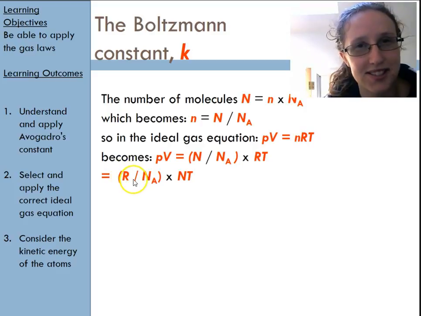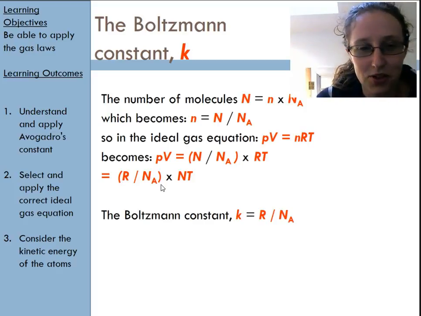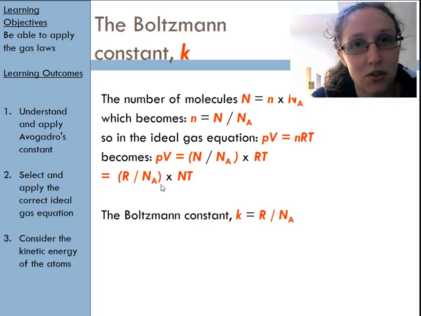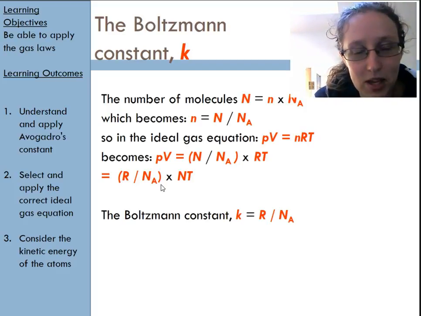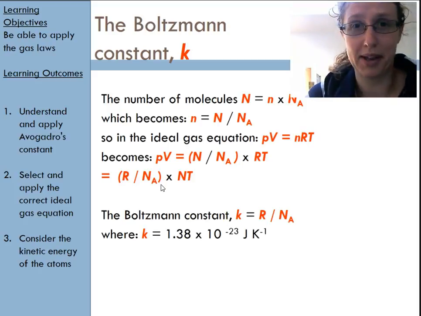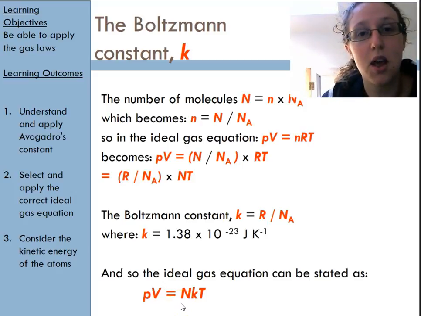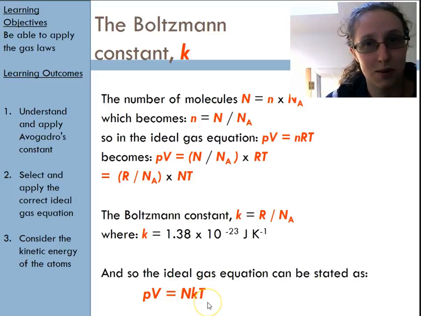So I have a constant divided by a constant, which gives a new constant. That constant is what we call the Boltzmann constant, k, which by the way is 1.38 times 10 to the minus 23 joules per Kelvin. If I plug that in, it gives me a new version of the ideal gas equation: PV equals the number of molecules times the Boltzmann constant times the temperature.